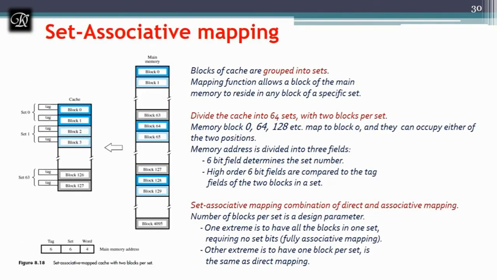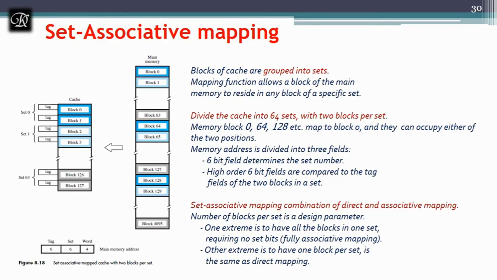These two disadvantages can be overcome and the advantages can be combined in the next algorithm, set associative mapping, which is a combination of both direct mapping and associative mapping.